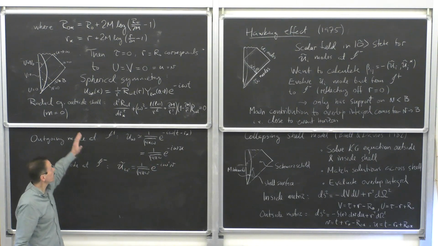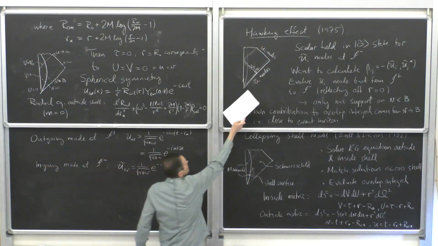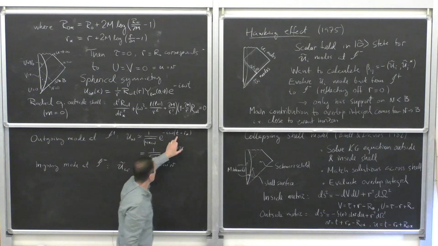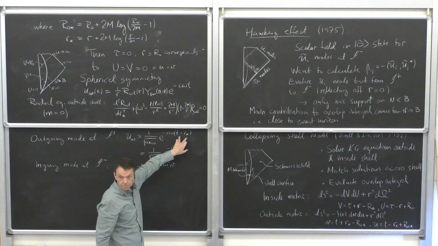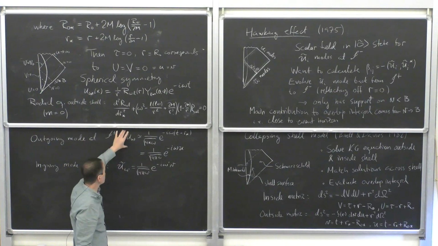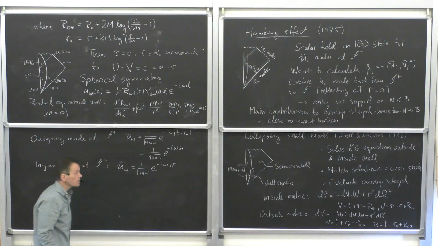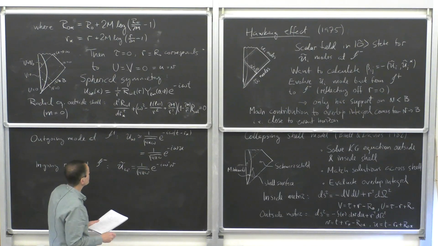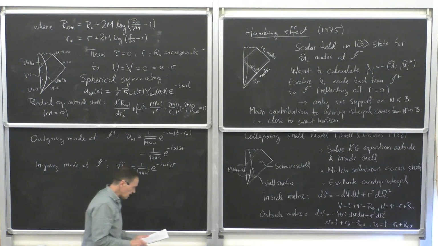Because an ingoing mode here is going to involve the combination t plus r star, right? So these are the modes whose overlap I want to calculate, but of course I have to do the propagation through.